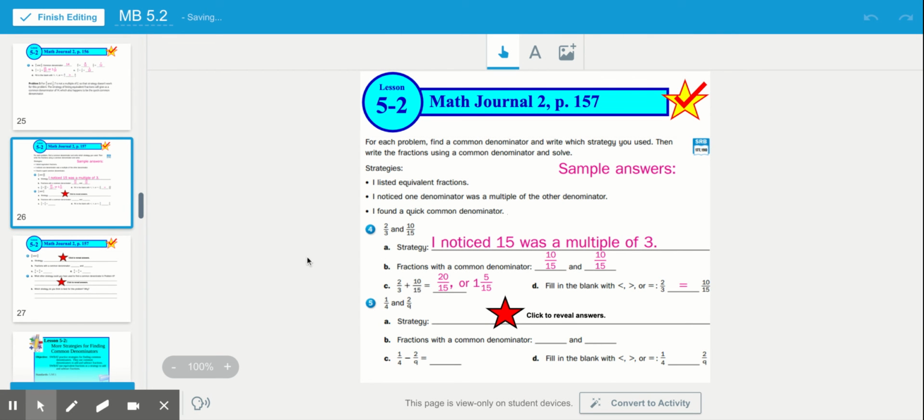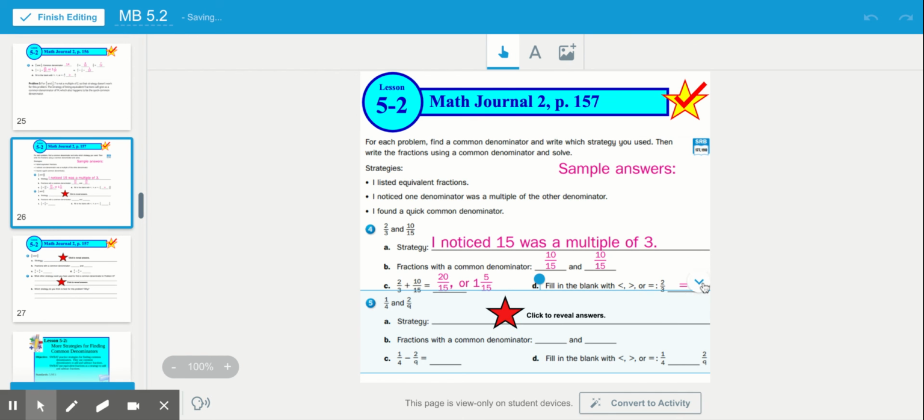Number 4, the strategy that they used was noticing that 15 was a multiple of 3, so they only changed 1. They got 10/15 and 10/15, so that's 20/15, or 1 and 5/15, or 1 and 1/3, and 2/3 equals 10/15.